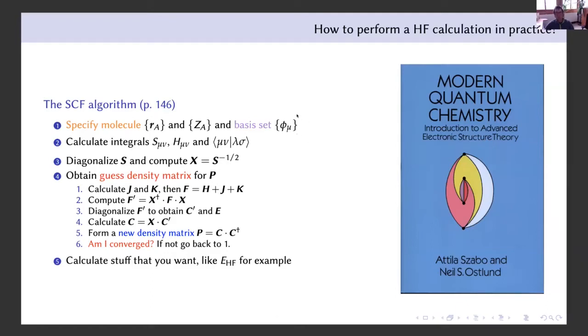And so you need to orthogonalize it to be able to compute easily all your quantities. Thanks to this X matrix, you're going to be able to go from this non-orthogonal phi mu basis set to an orthogonal version of the AO basis. And so you're going to simplify all the treatments.